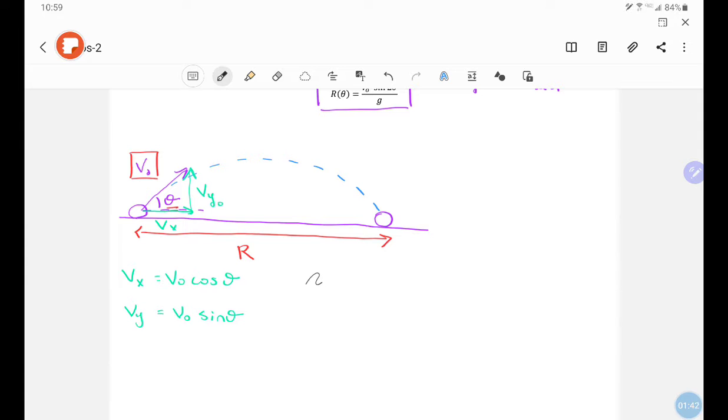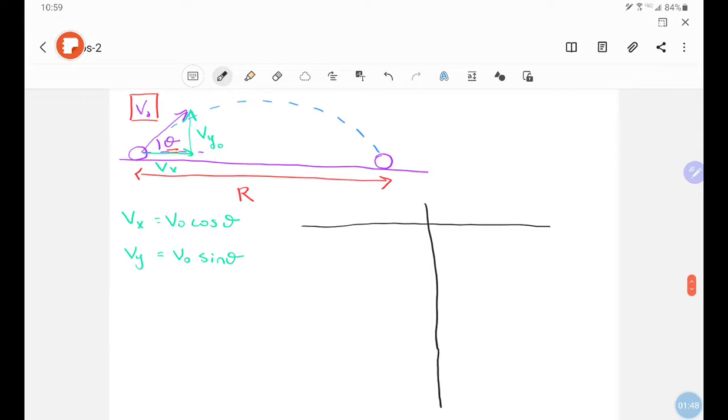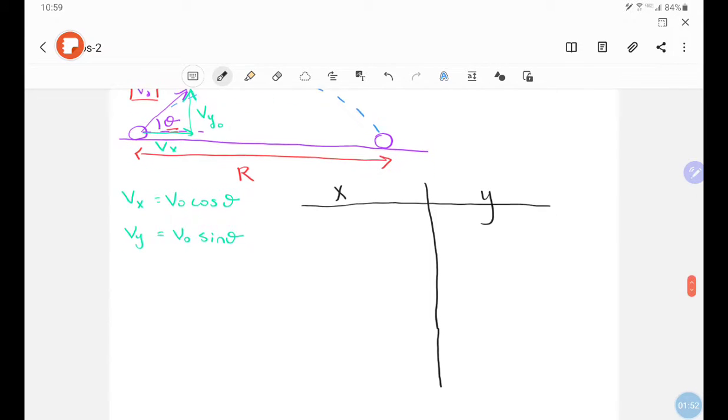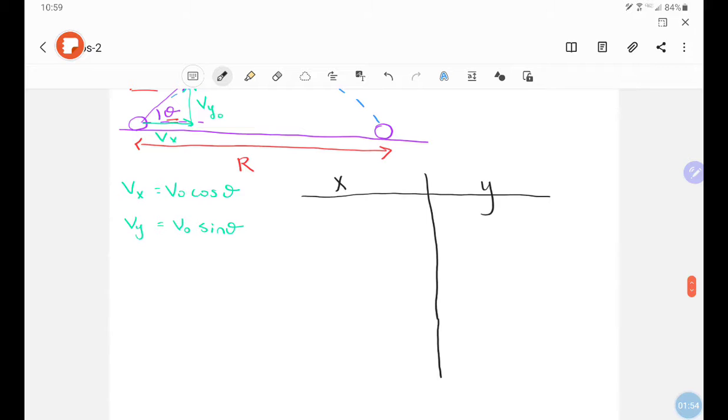So if I list out all of my variables here, horizontally we have x and vertically we have y. In x there's no acceleration, so there's no change in velocity. So I have three variables here, Vx, dx, and t. dx is also my range in this case, which is what I'm looking for.